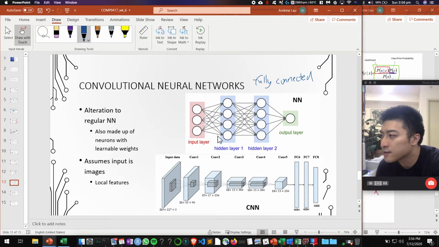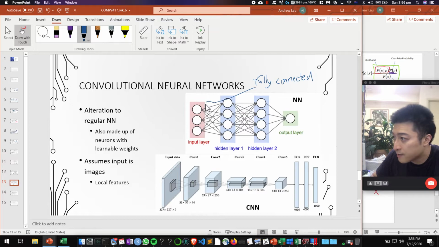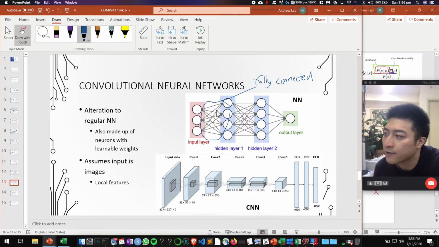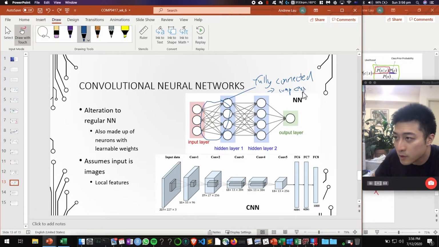And what this means effectively is every previous layer is connected to the layer after. It's all linked up, right? Now the problem with this is that it becomes computationally very expensive, especially when you have image data and the resolution blows up, and you have many hidden layers.